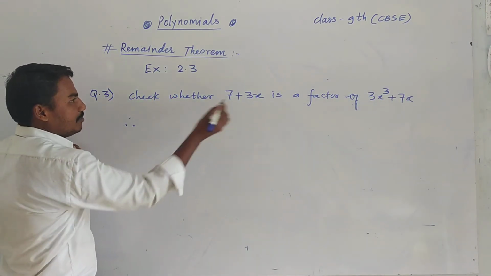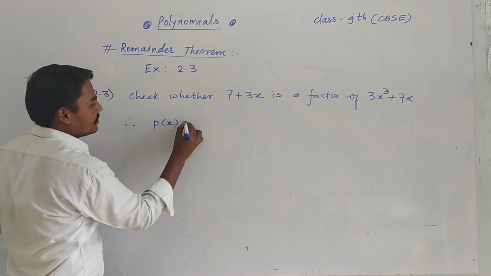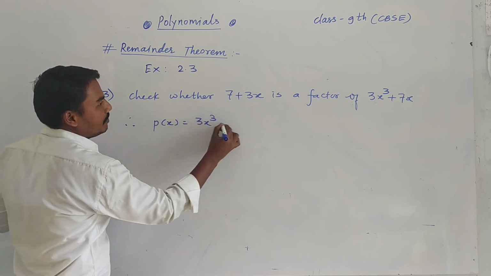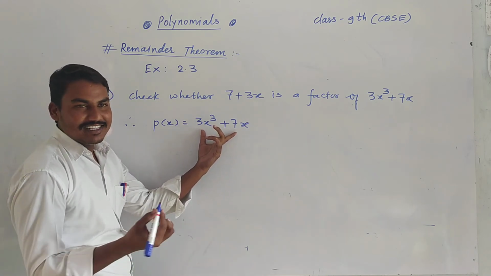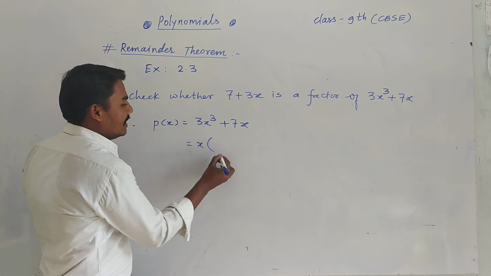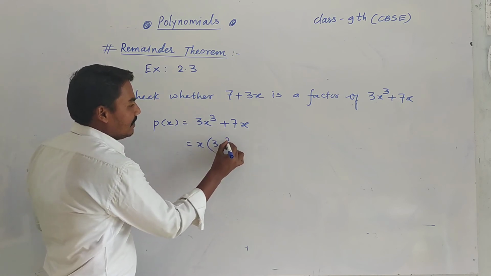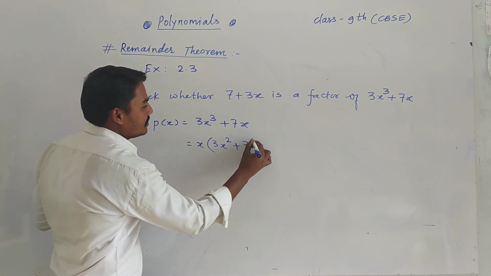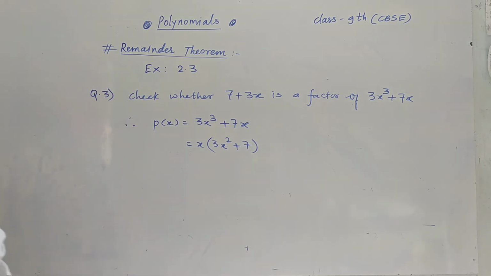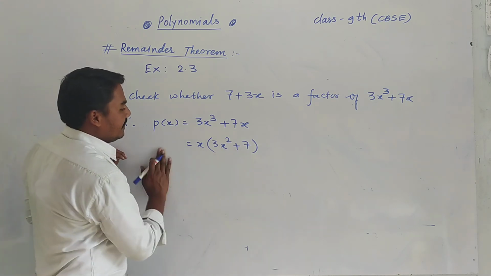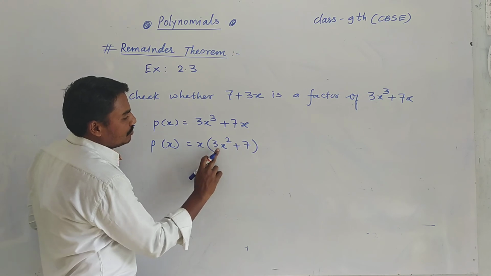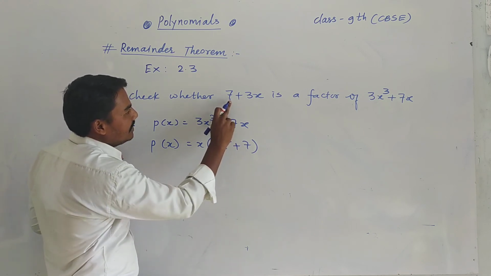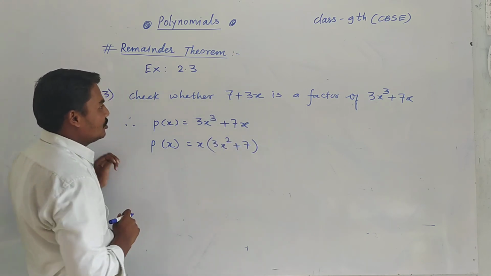The polynomial P of x is 3x cube plus 7x. If I take x common, what is inside is 3x square plus 7. So this polynomial becomes x into 3x square plus 7, but here it is only 7 plus 3x.